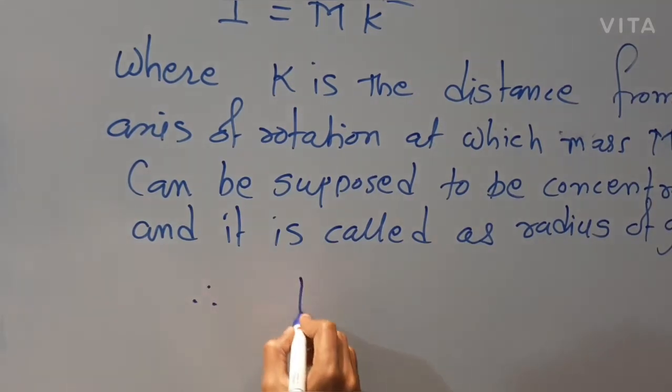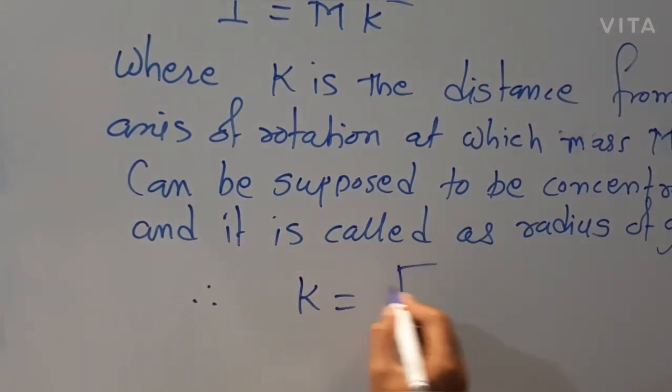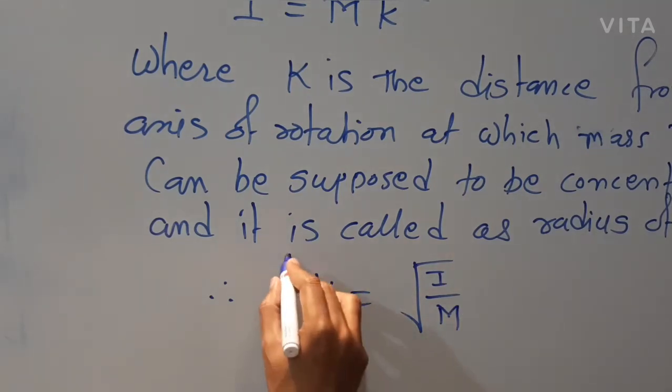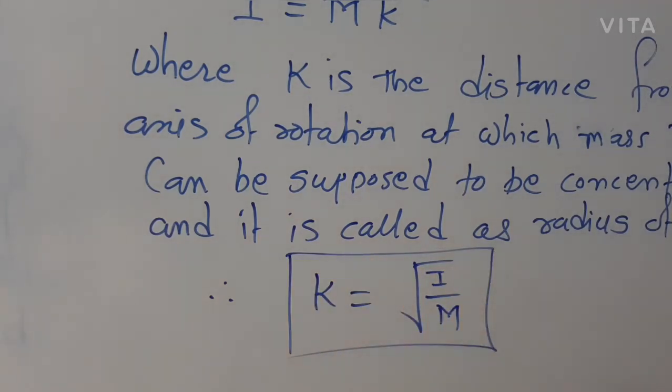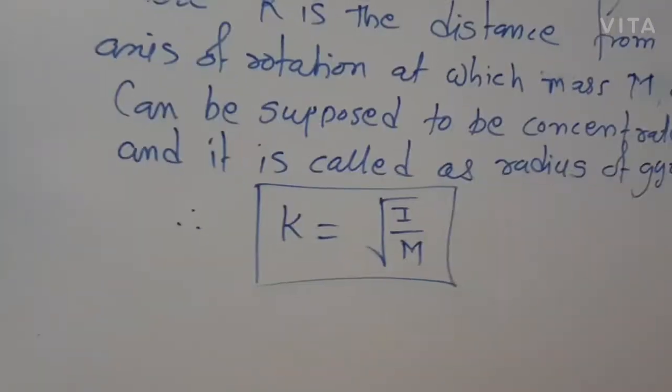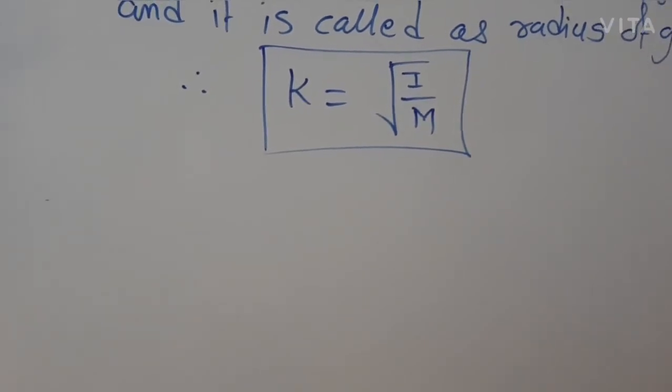And therefore K is equal to square root of I divided by M, and this is the formula for the radius of gyration.